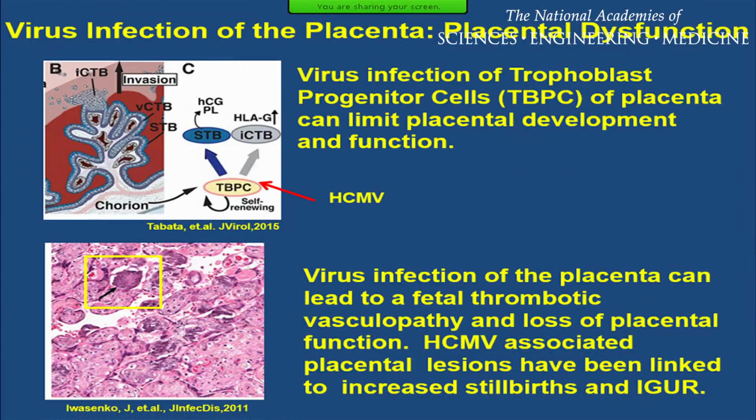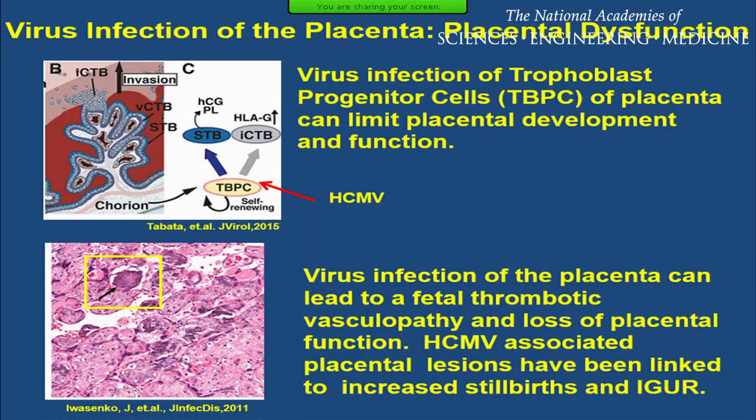that are in the stroma that could provide permissive cells for virus replication and amplification for the fetus. Next slide, please. In addition, we shouldn't forget that the major function of the placenta is to provide nutrients and oxygen to the developing fetus, and viruses that infect the placenta can certainly interrupt this function. In the top panel, it's shown that CMV can infect trophoblast progenitor cells of the placenta, limiting their self-renewal capacity, therefore limiting the number of functional units available in that particular placenta.